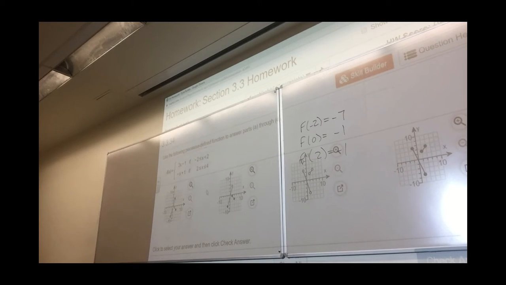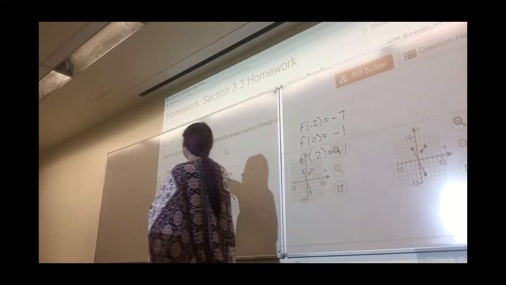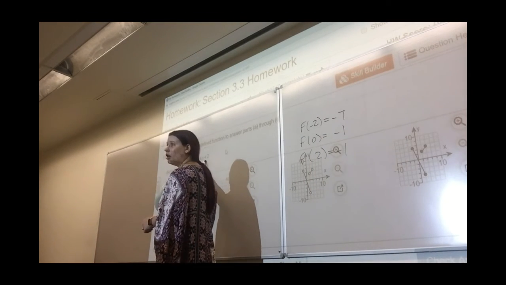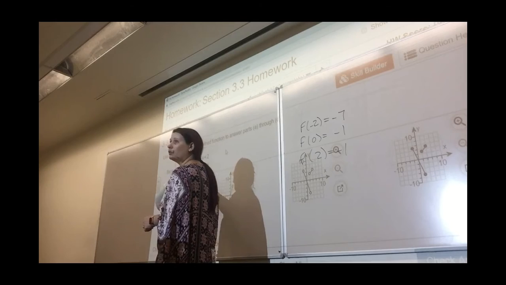So another thing to look at is that it has those correct type of closures, right? Open and closed circles. So what type of closures should this be? We should be closed, open, closed, closed, right?